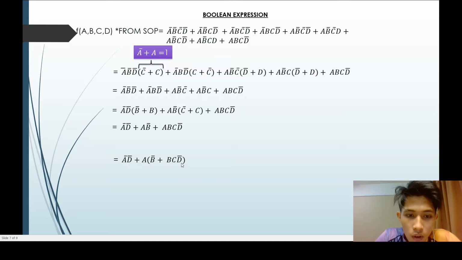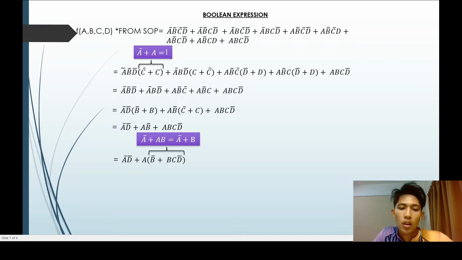So for this one, this is one of the Boolean algebra rules. So if we solve for this one, which is A plus A bar B, it will be equal to A plus B. It means that the A here will be eliminated.